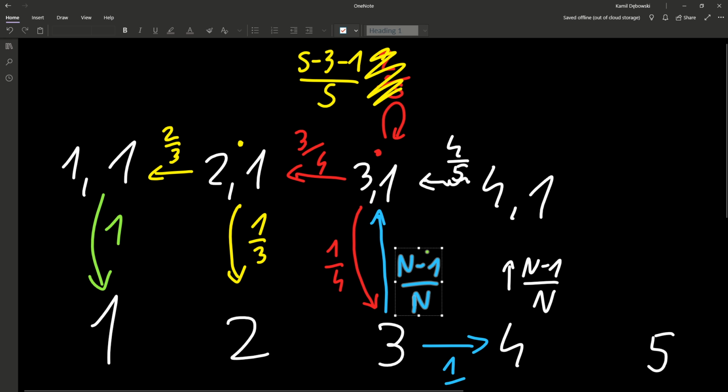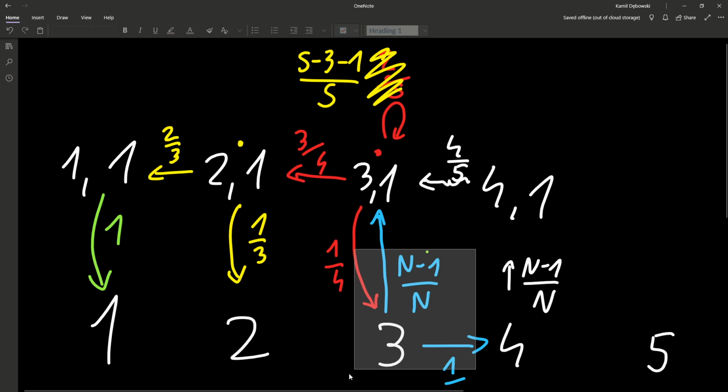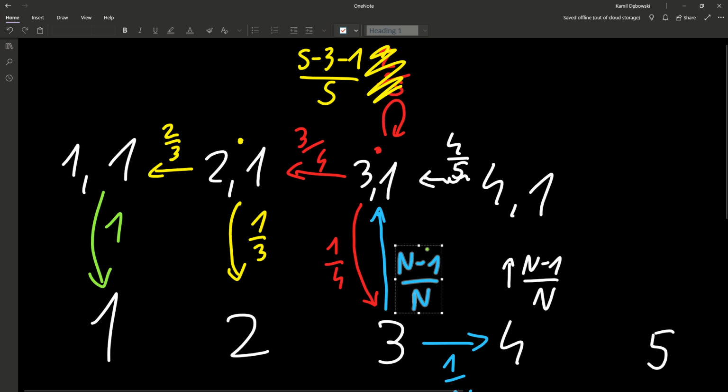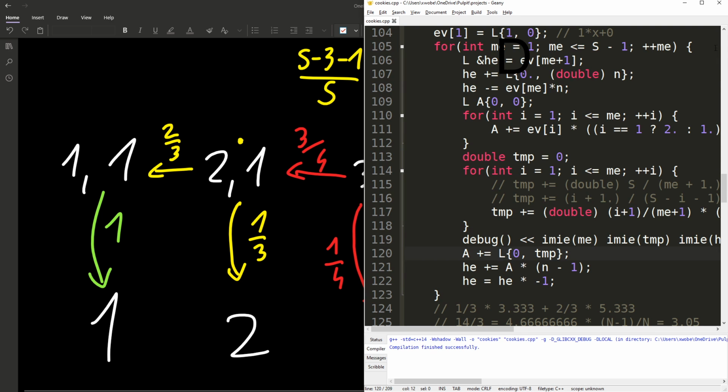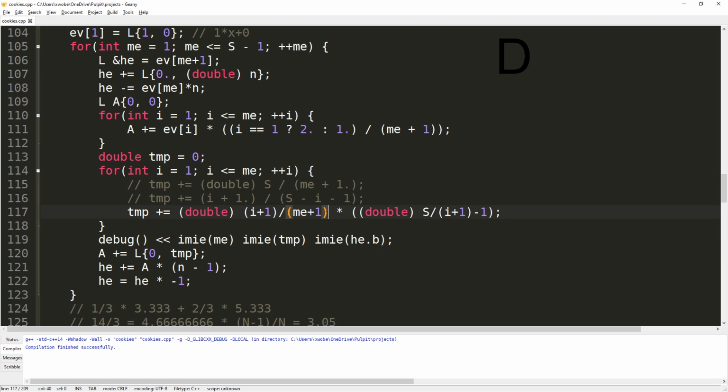Because the probability that I will waste time here should be this times that. And right now, this corresponds to I plus 1 over me plus 1. This times that will be I plus 1 over me plus 1. Yes, what about this little thing? N, just n.